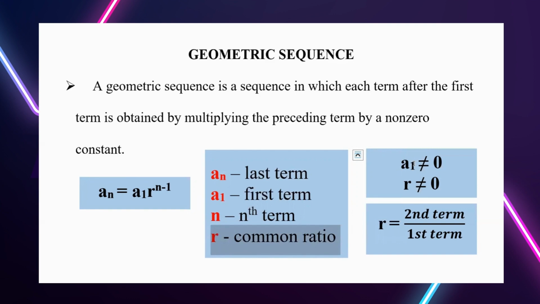And lagi nating tatandaan na ang first term must not be equal to 0 and the common ratio must not equal 0. Paano nga ba natin malalaman o makukuha ang common ratio?